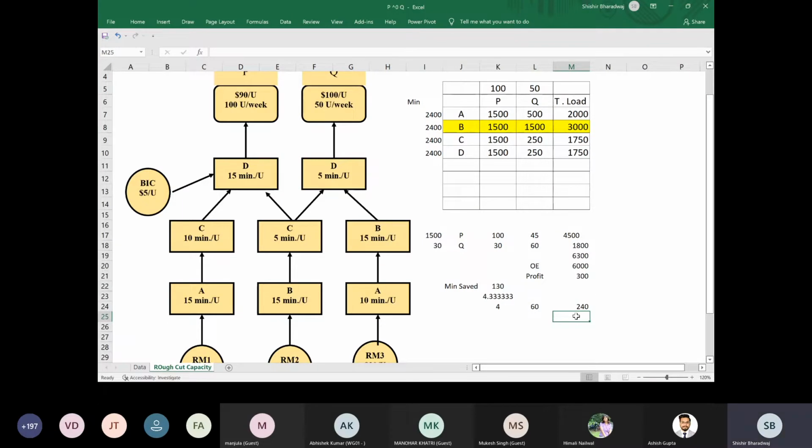So what is the increase in profit? 240 divided by 300, an 80% jump in performance.